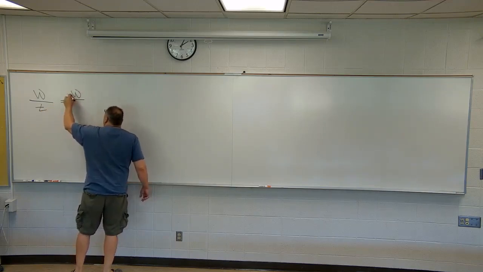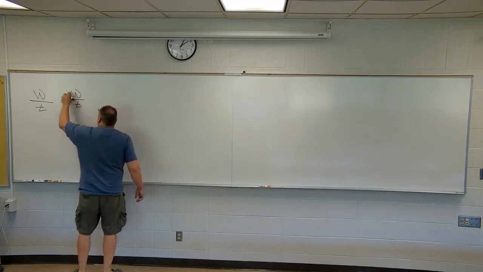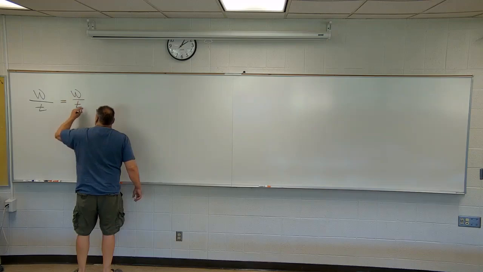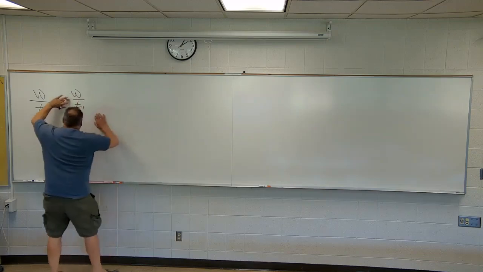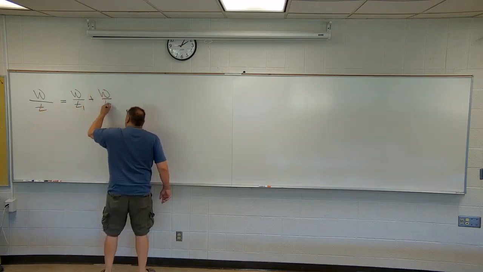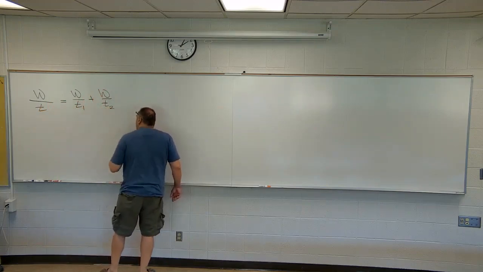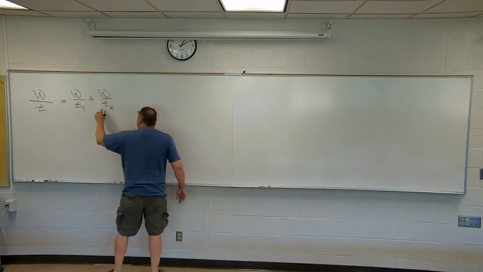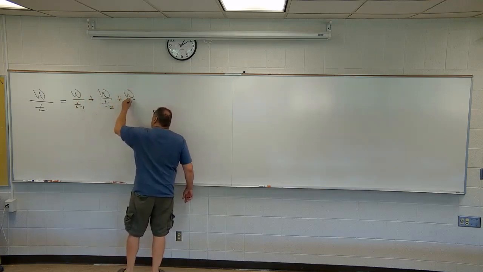I'm person 1. I can get the job done by myself in time T1. The other person can get the whole job done in time T2. That's my rate of work, that's his rate of work, and this is her rate of work.